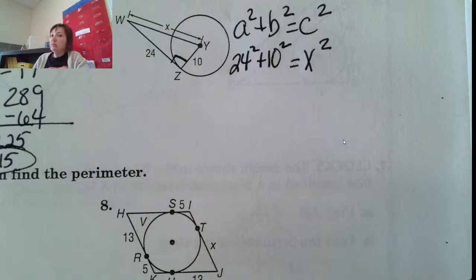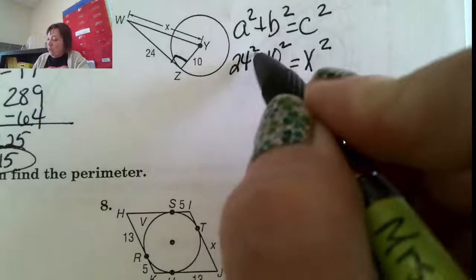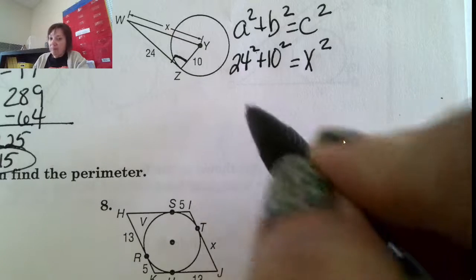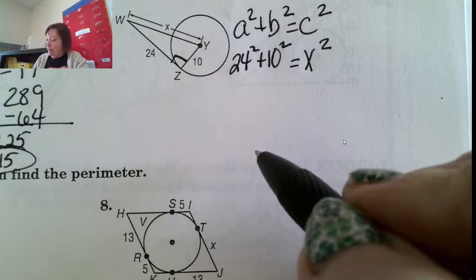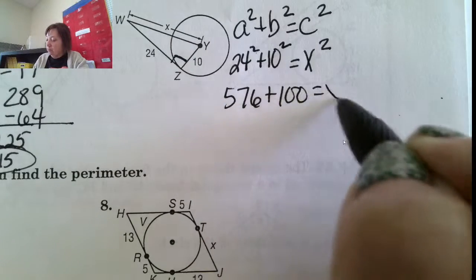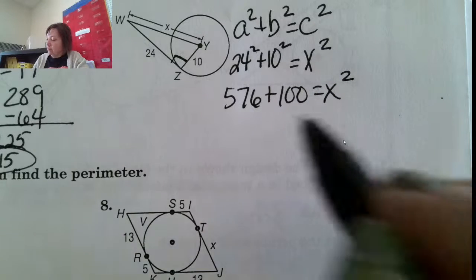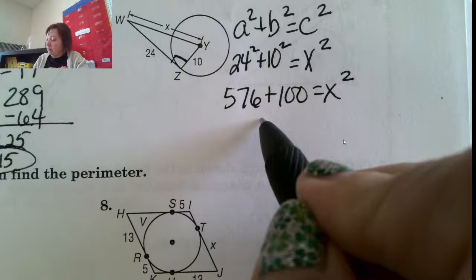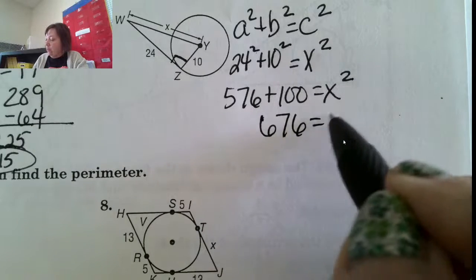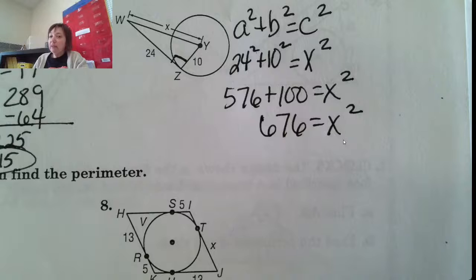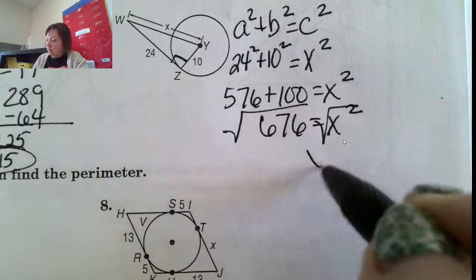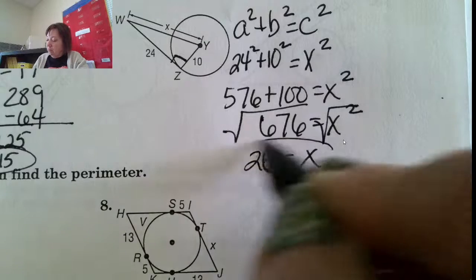You have to square it. 24 squared is 576. 576 plus 10 squared, which is 100. You add them together to get 676 equals x squared, and then you take the square root of it and you get 26. That's it right there.